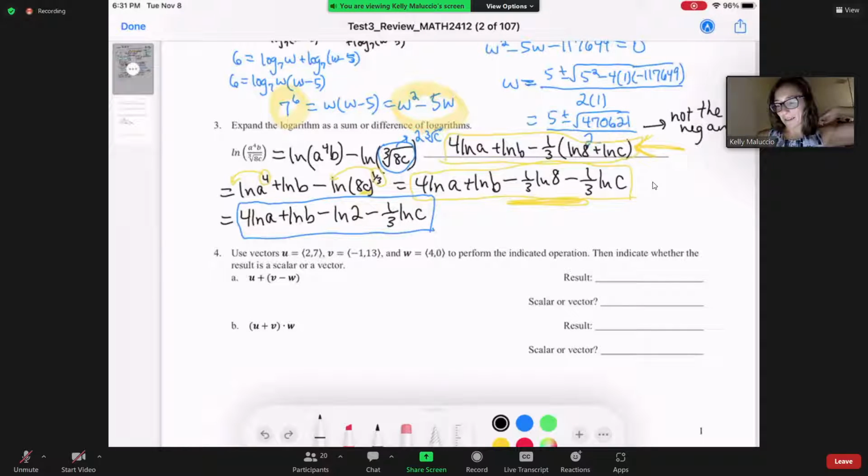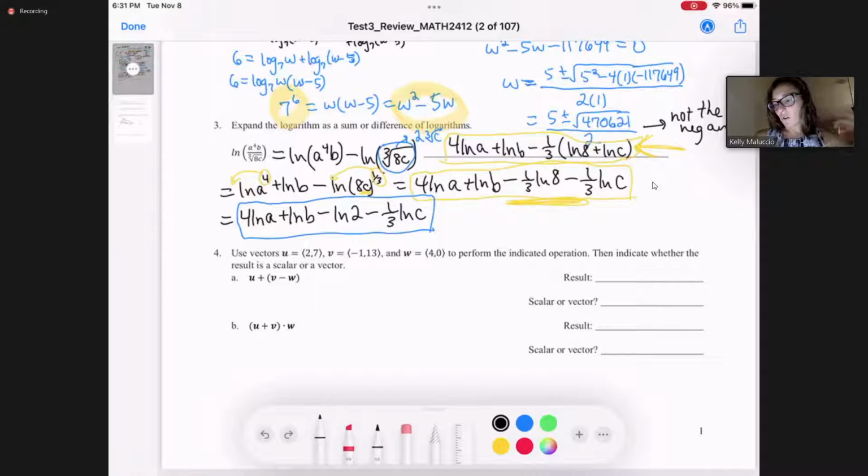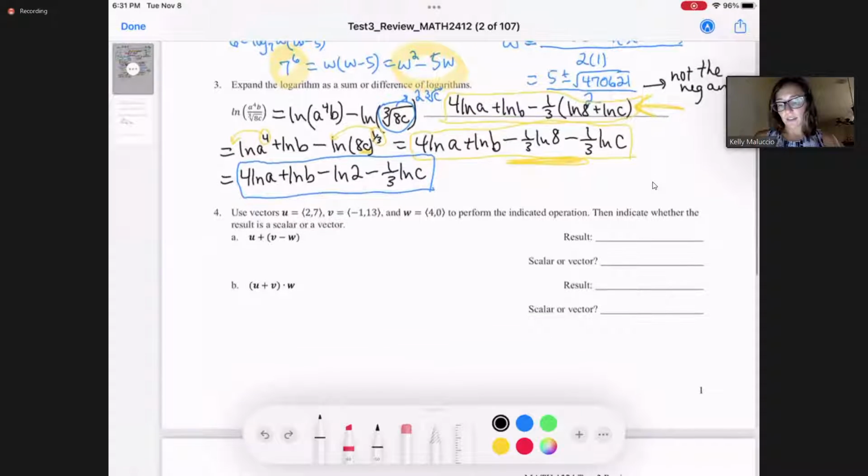Okay, good. So number 4 is asking us. Now I did just fix this on the test because it printed really funny. Like this is dot product, but this is just adding and subtracting. So remember, you need to know what the dot product is. I'm not going to have a formula for that.